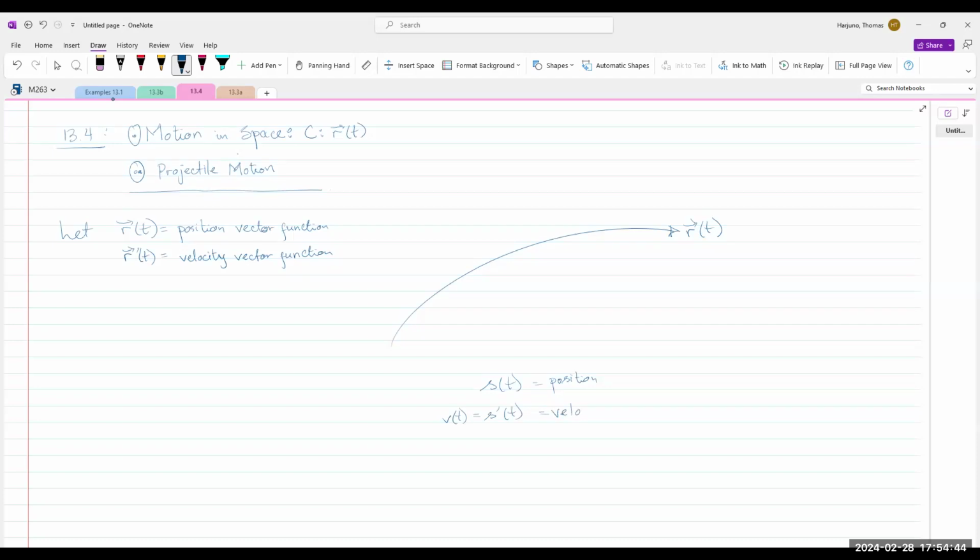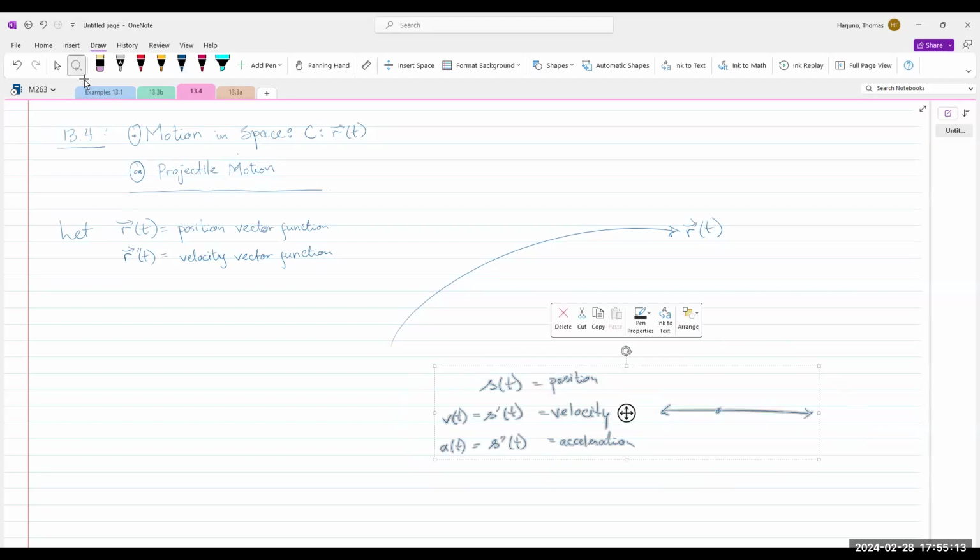And of course, it has positive or negative direction. And then the next derivative, we call that acceleration, and the notation is a(t). Because we apply that in a one-dimensional number line, we don't need to use vector notation. That's in Calc 1.